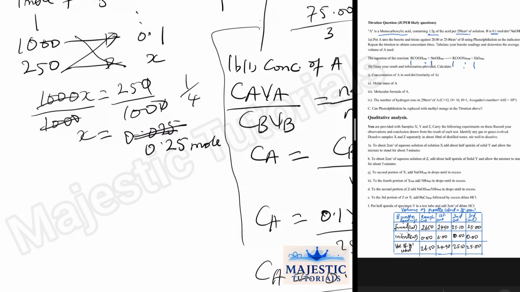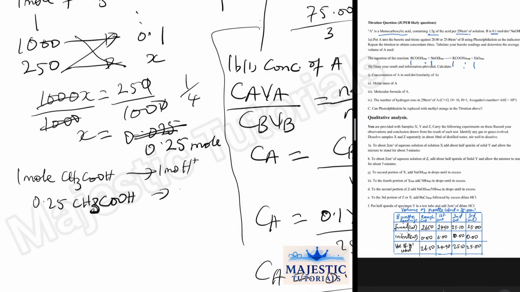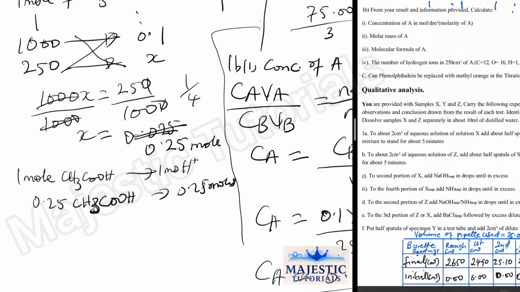And from our balanced dissociation of the acid, 1 mole of CH3COOH automatically gave us 1 mole of hydrogen ion, which implies that 0.25 moles of the acid will also give us 0.25 moles. But they asked us the number of hydrogen ions.